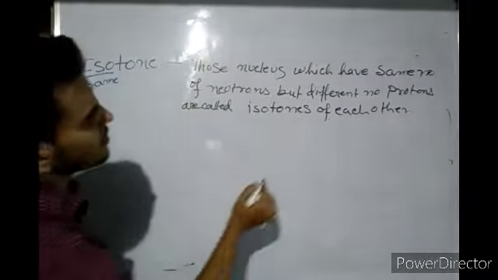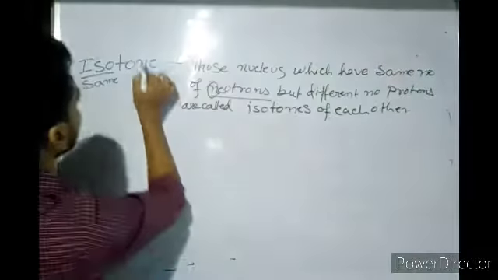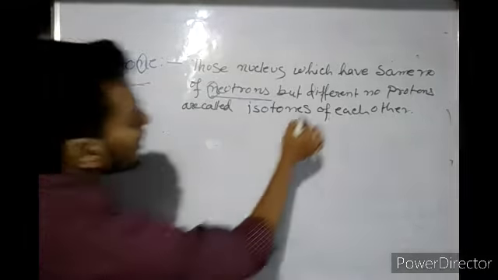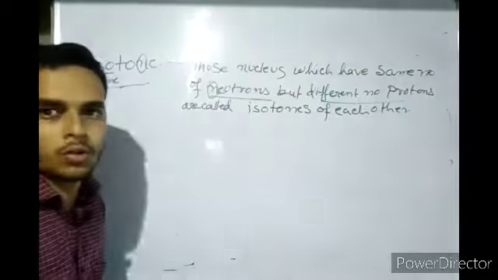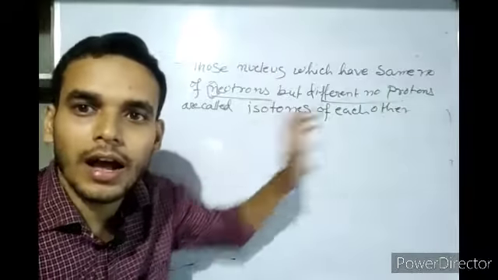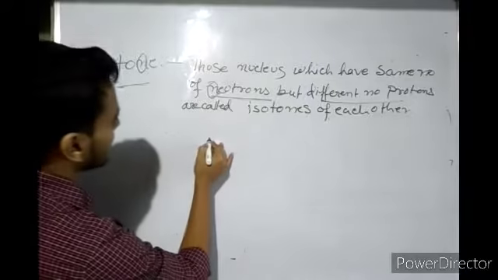In isotone, same number of neutrons, n. Same number of neutrons and different number of protons. Let's take an example.